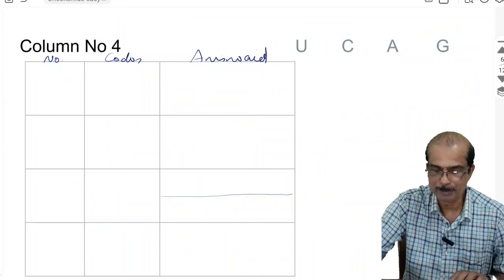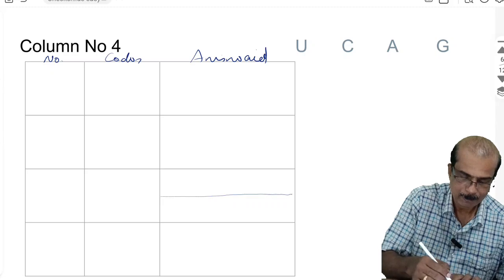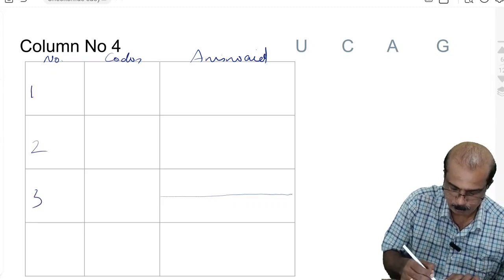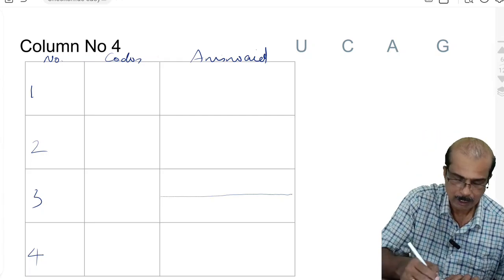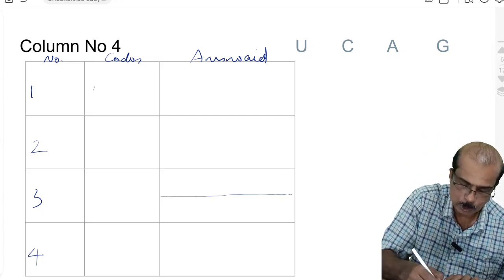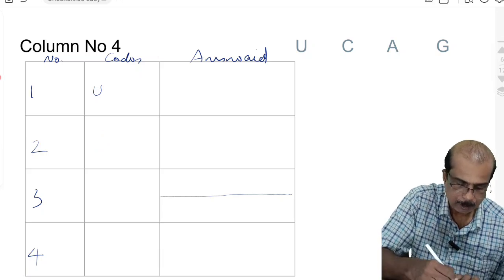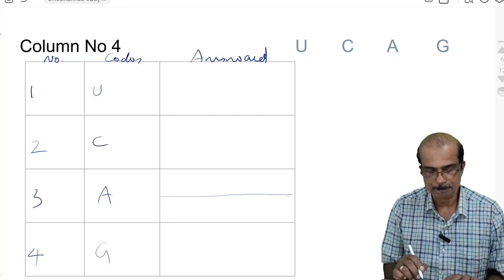Then the last column, column number 4. Very easy. Here, first row, second row, third row, fourth row. We put 1, 2, 3 and 4. Here the first nitrogen base is U, then C, A, G: UCAG.